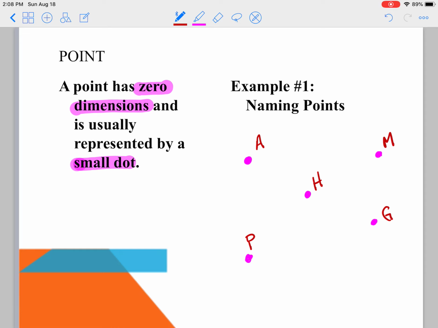However, if now I have a diagram and I say, point H, you immediately know that I am referring to this point here. And if I refer to point A, immediately you know that I'm referring to my original point A. So when we are naming points, remember that points are named with a single capital letter.